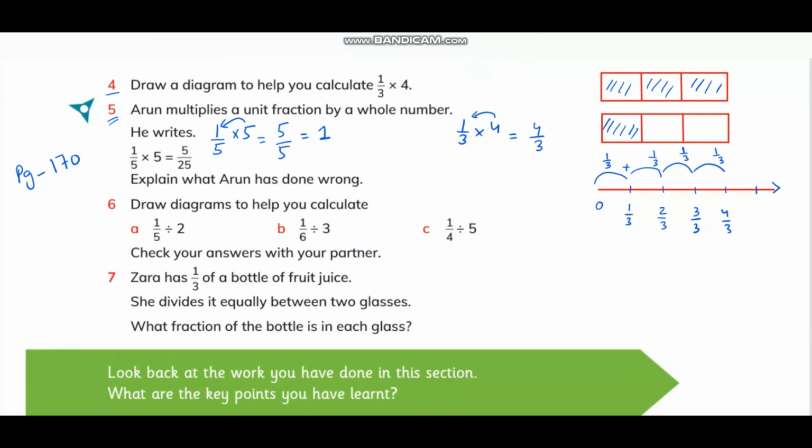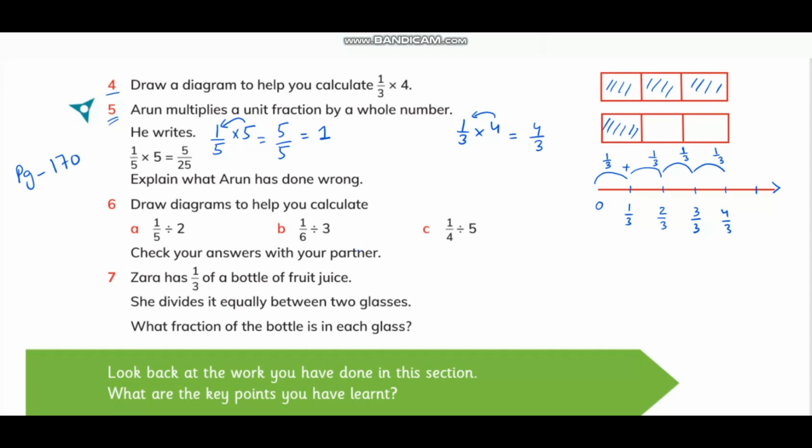Okay, let me remove this one. This is the answer. So what's wrong with this? The wrong thing is Arun multiplied the whole number with the denominator. We only multiply the whole number with the numerator.